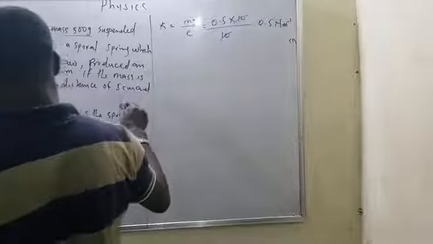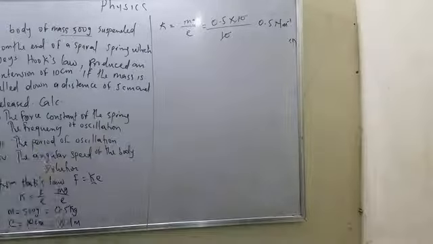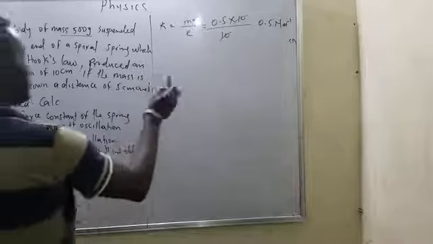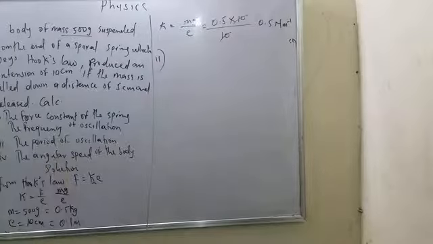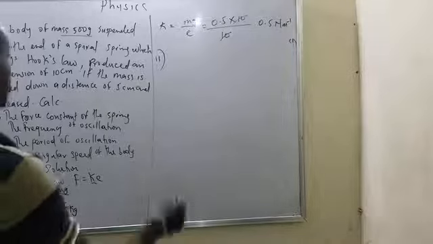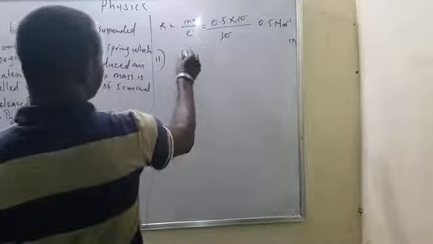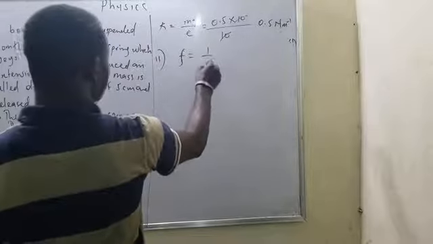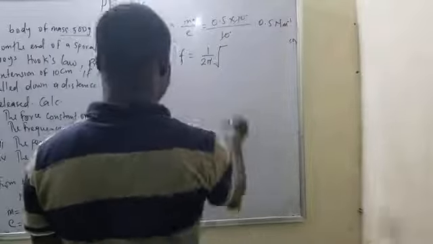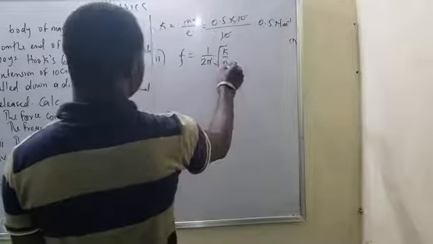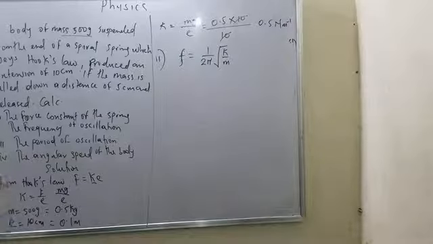That is number 1. Number 2, we are talking about the frequency of oscillation. The frequency of oscillation, my f, is always 1 over 2 pi times the root of k over m.